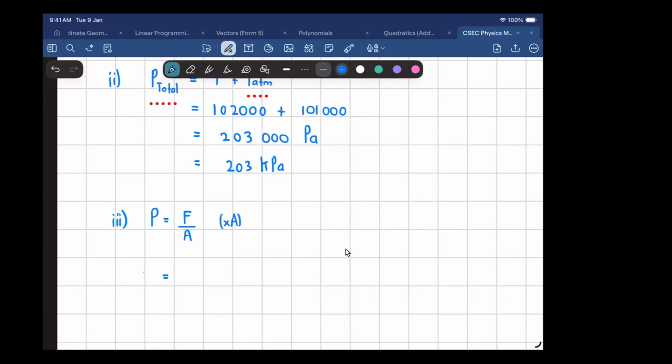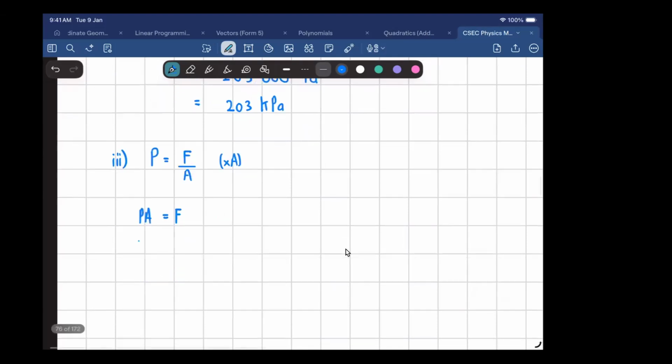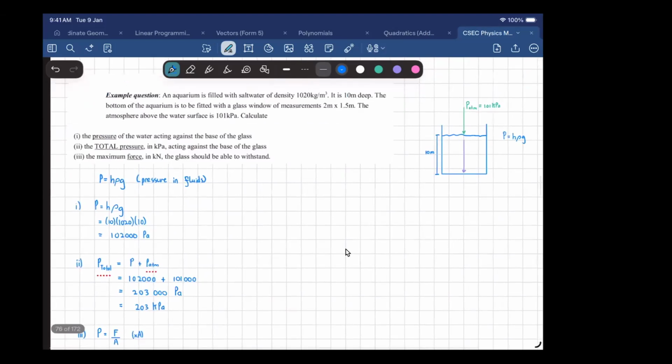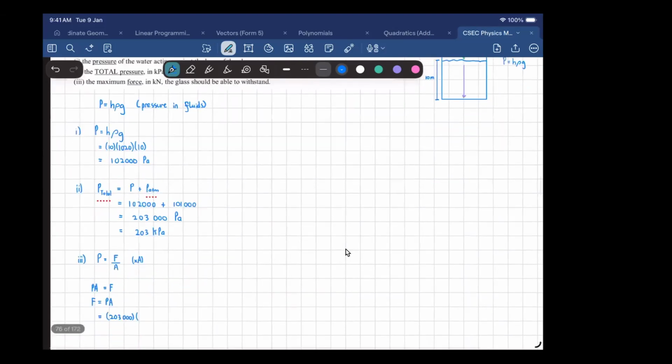When I do that, I'm going to get P A is equal to F. Then I could just switch around. My pressure is 203,000. And how am I going to find my area? It will be 1.5 by 2, which is 3 meters squared.